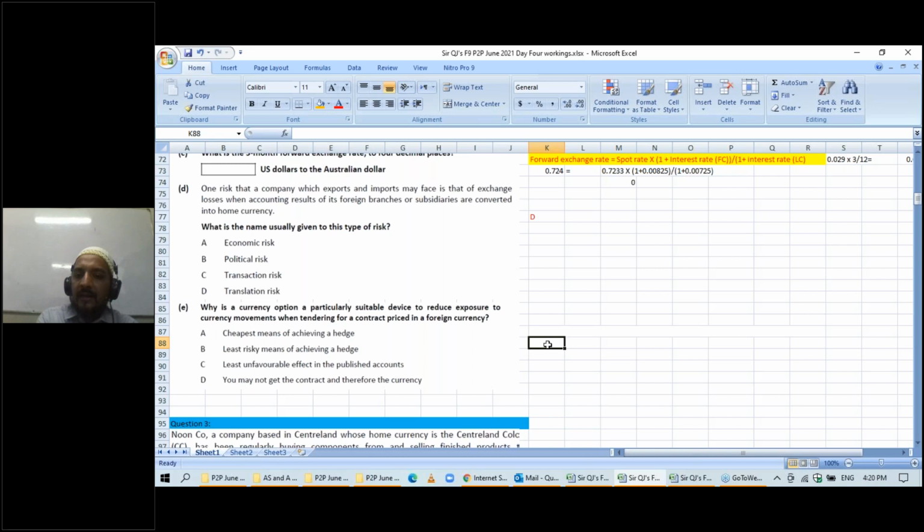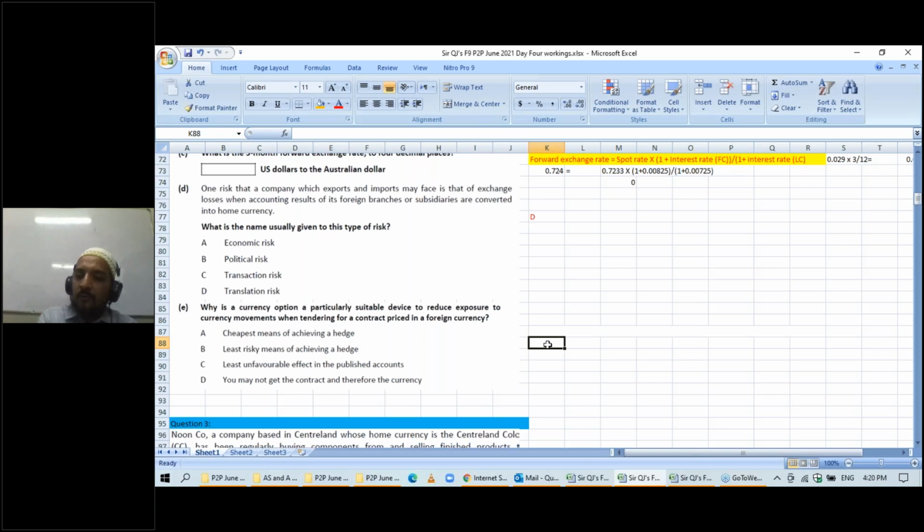So we have not yet entered into a contract, right? Remember that if we enter into a forward contract of currency, it's a binding contract. Once we enter into it, we have to follow it and buy the foreign currency in the future. The question says that the company has not yet entered into a contract which is priced in foreign currency.